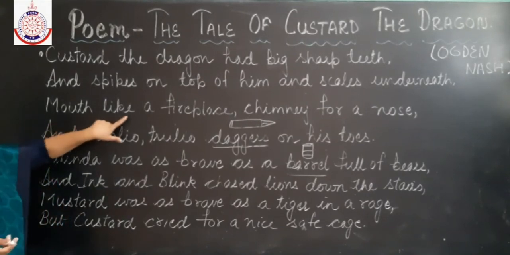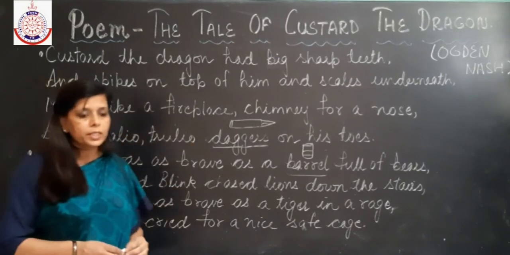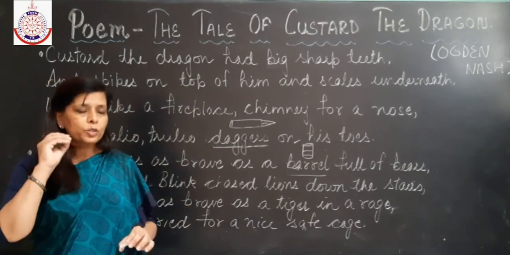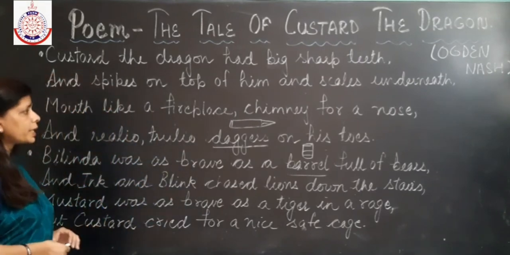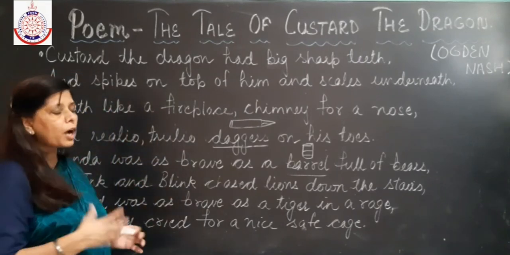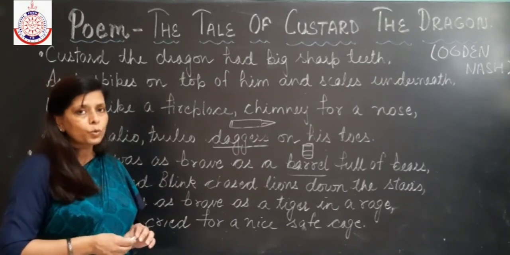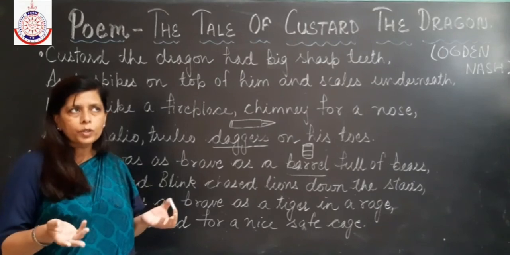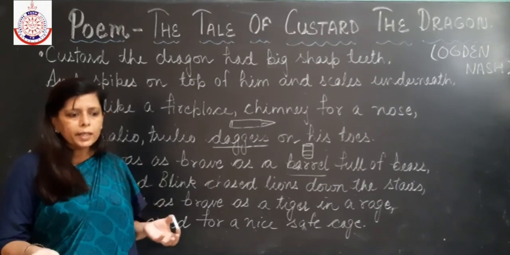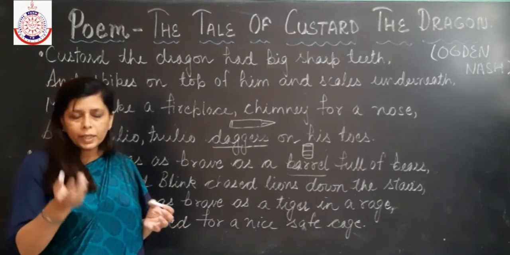Scales were also there. Otherwise, you must have heard that fish has scales, right? Mouth like a fireplace. That also you must have seen in serials and movies, that when dragons open their mouth, they throw fire. So mouth like a fireplace, and chimney for a nose. And how is a dragon's nose? Like a chimney. When we breathe in and breathe out, we do it so lightly that the breath is not visible.